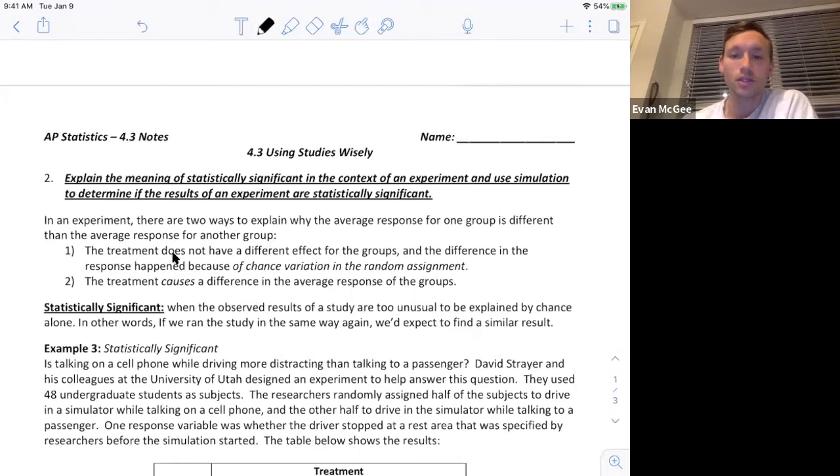Either the treatment doesn't have an effect on the groups and the difference in the response happened by chance variation in the random assignment, or the treatment actually caused the difference in the responses between the two treatments.